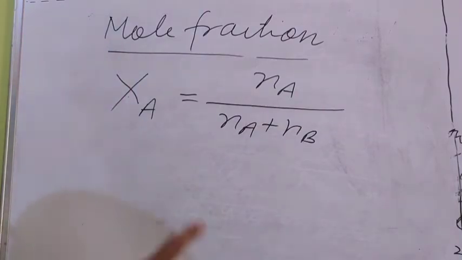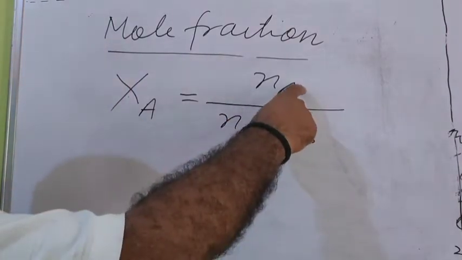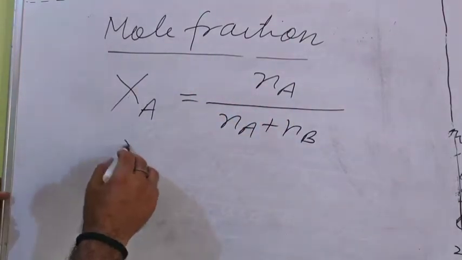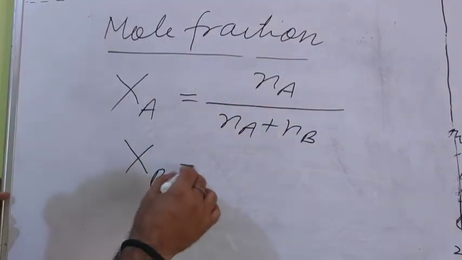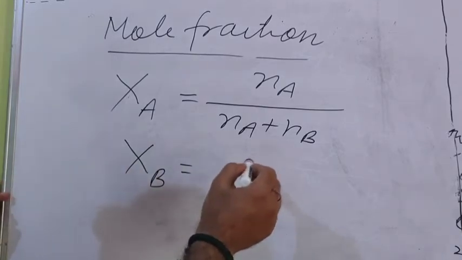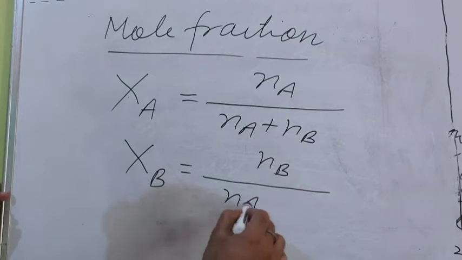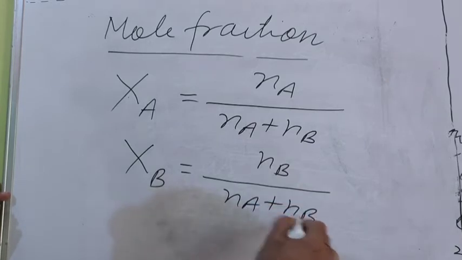So the mole fraction of component A is equal to Na upon Na plus Nb, and similarly the mole fraction of component B is equal to Nb upon Na plus Nb.